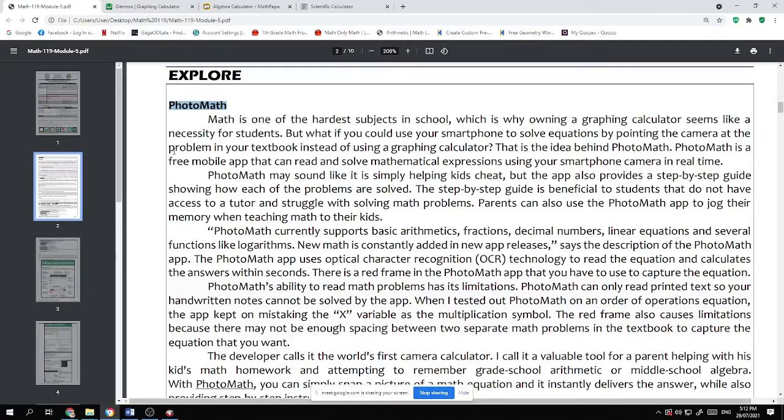If ever we have activities inside the classroom, not summative but formative activities, they can use Photomath in order for them to know whether their answer is correct. So it's not cheating at all. It's simply letting the students learn on their own.